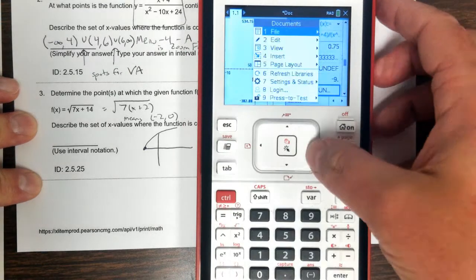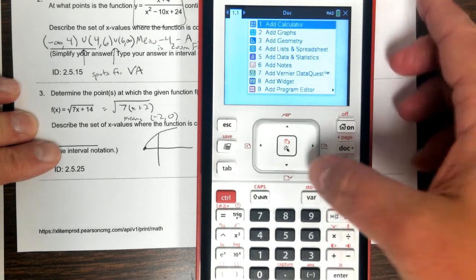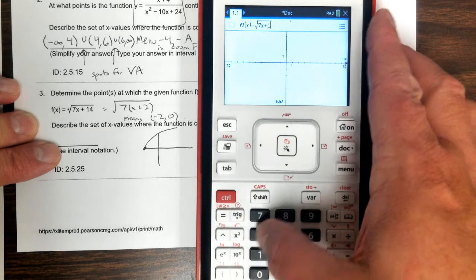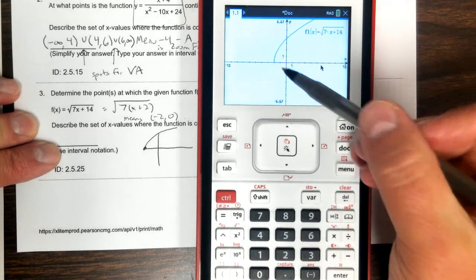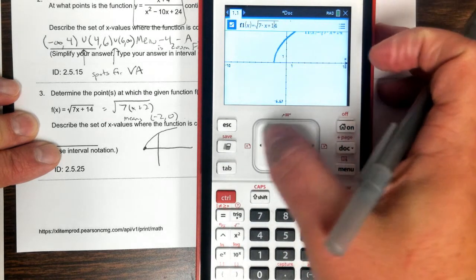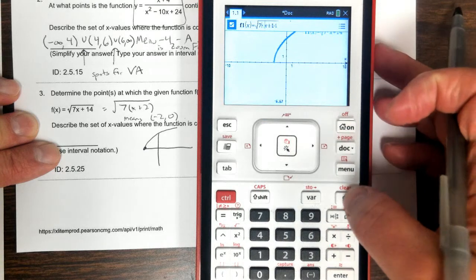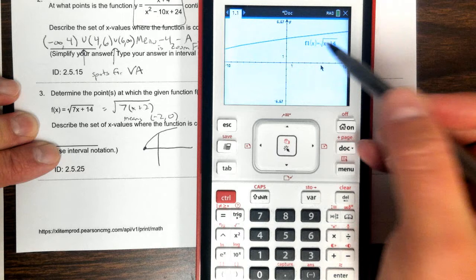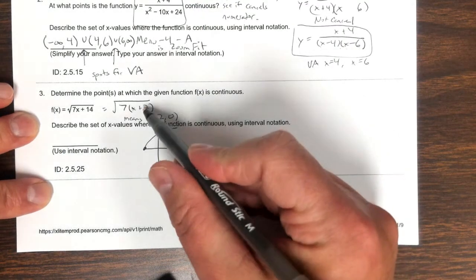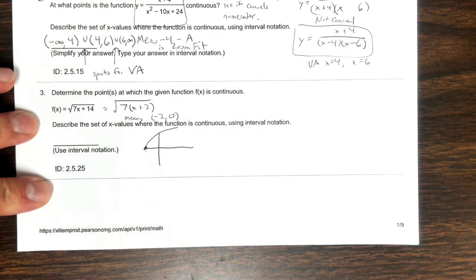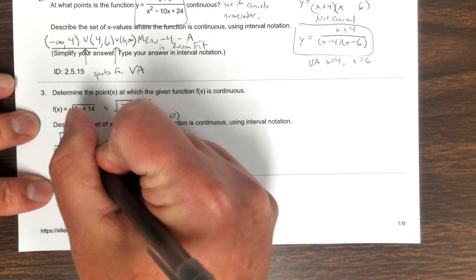And you can do this from the graph. Square root of 7x plus 14. So at -2, it starts going up. So just as a quick side note, if you took off the 7, it's not going to go up as high. It's going to be like that. So you basically know that when you factor it out, that's going to help you get your x-intercept. And this one includes -2.